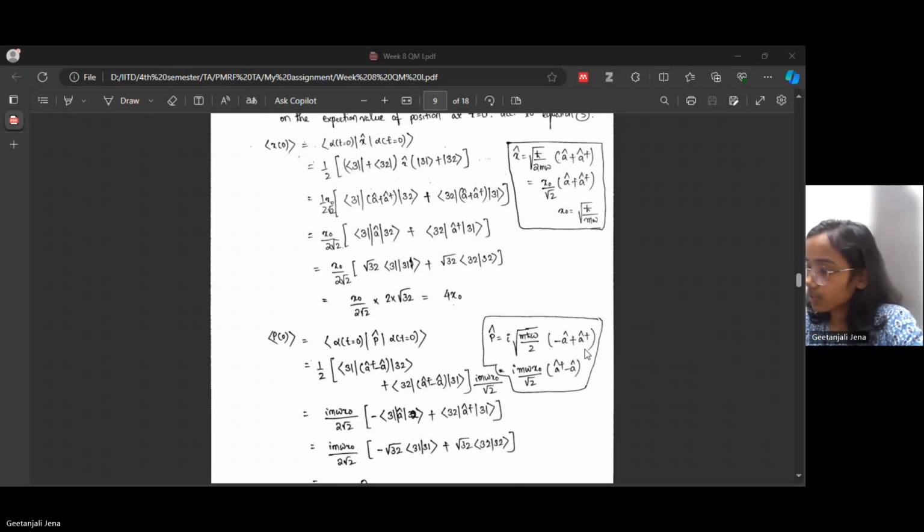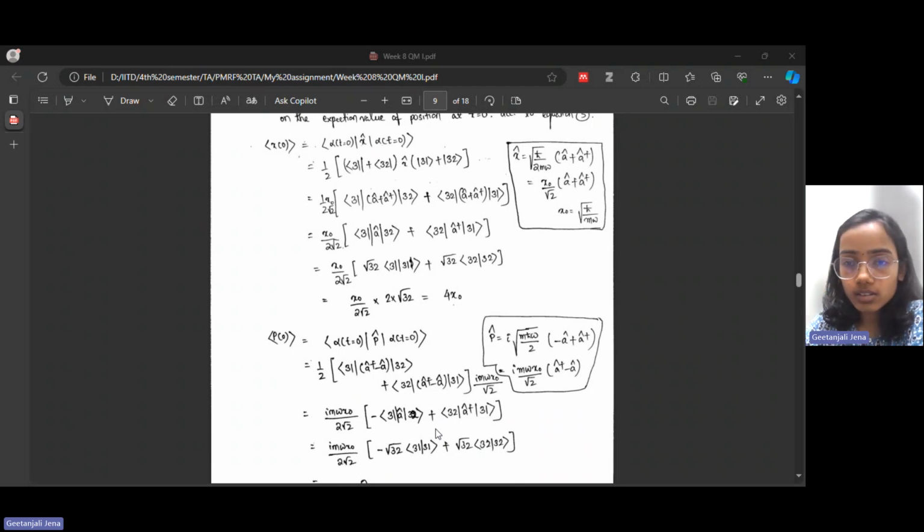So you put the expression for the ladder operator in this expectation value and solve it, taking those terms for which the values are non-zero. If you solve it, you will see that only the terms <31|a|32> and <32|a dagger|31> will be non-zero. If you take other terms, then it will be 0.